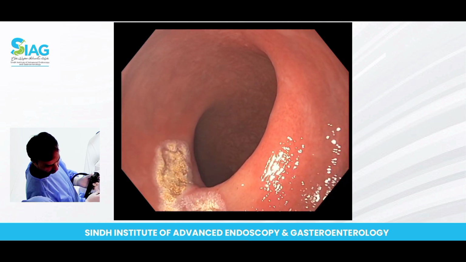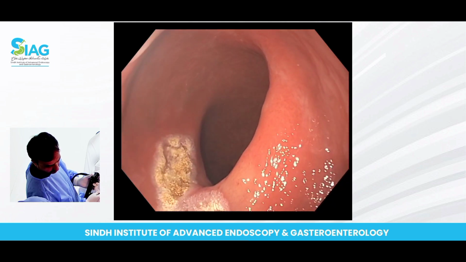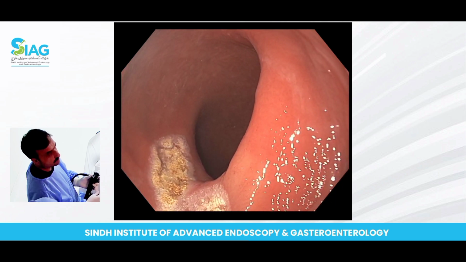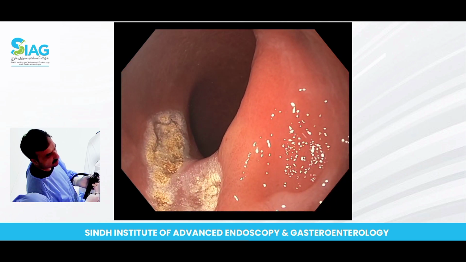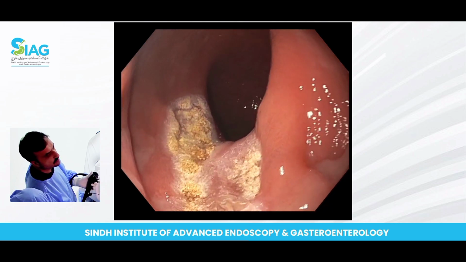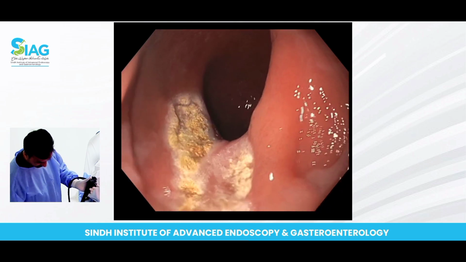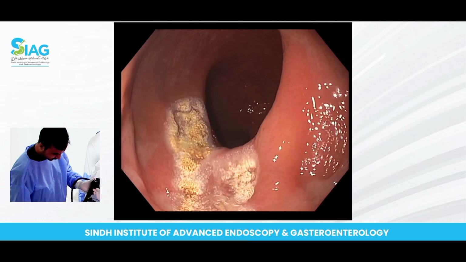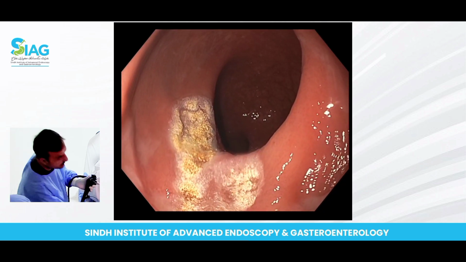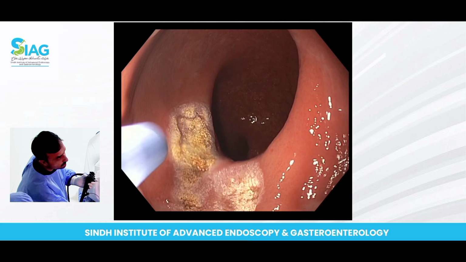As you know, we commonly do APC for mucosal lesions, especially for GAVE in CLD or CKD patients. We can do it for angiodysplasia and for bleeding control as well.